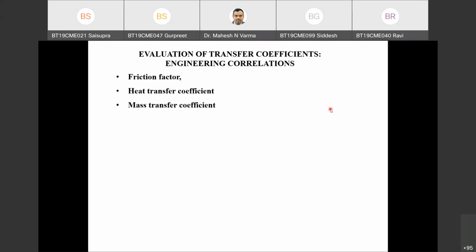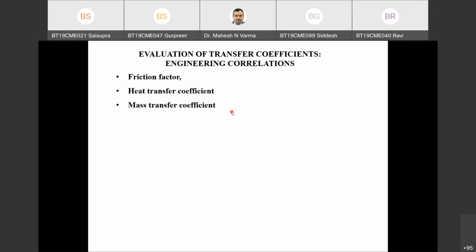That is why I am telling you there are thousands of analogies and thousands of engineering correlations available, because as soon as experimental observation is put into an equation, that kind of theory is called an engineering correlation. You can have a different system, different equation. So we need to rely on experimental observation only for getting the friction factor, heat transfer coefficient, and mass transfer coefficient.